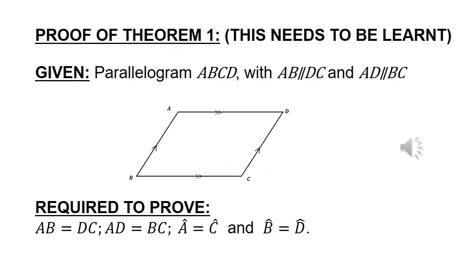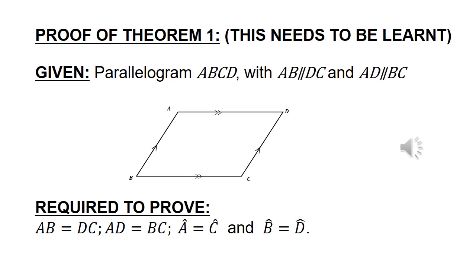As you can see, it says parallelogram ABCD, where AB is parallel to DC and AD is parallel to BC. So basically what it's saying is that the top line and the bottom line are parallel to each other, and that the two side lines are parallel to each other.